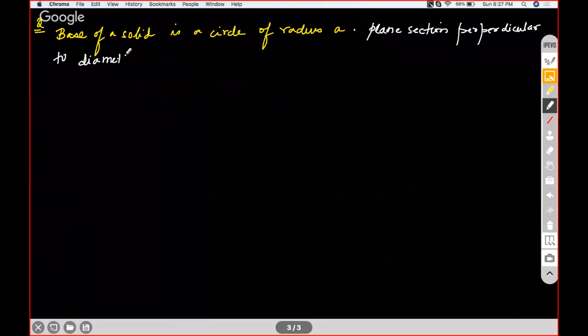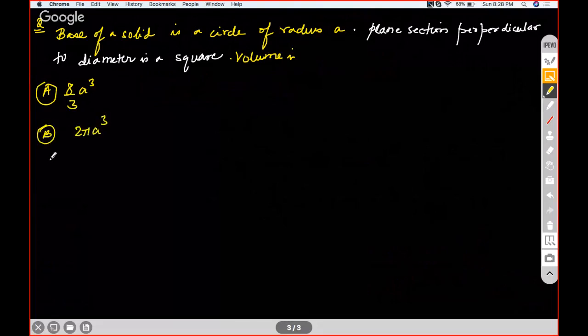Then the volume of the solid is: option A, 8 by 3 a cube. Option B, 2 pi a cube. Option C, 4 pi a cube. Option D, 16 by 3 a cube. Option E, 8 pi by 3 a cube.